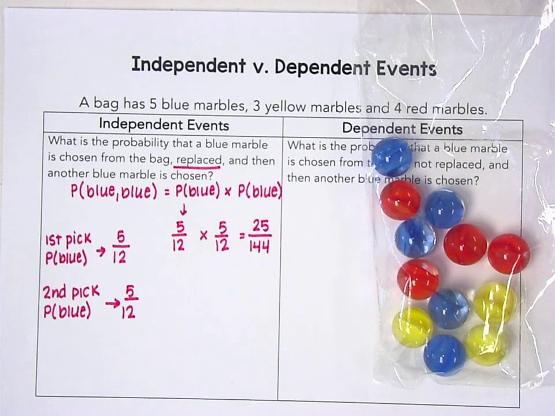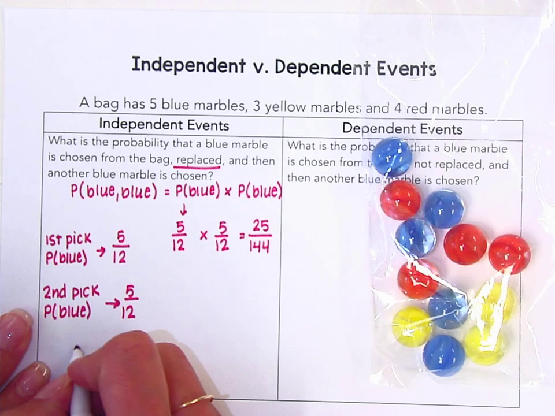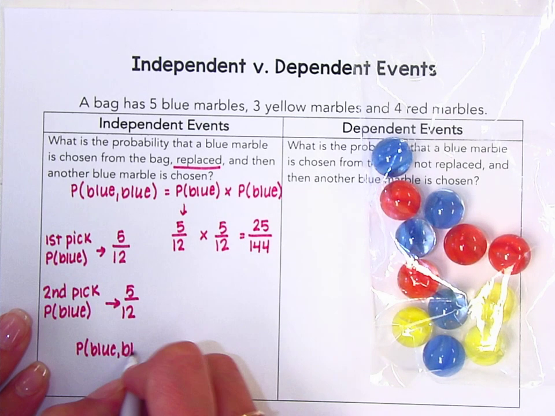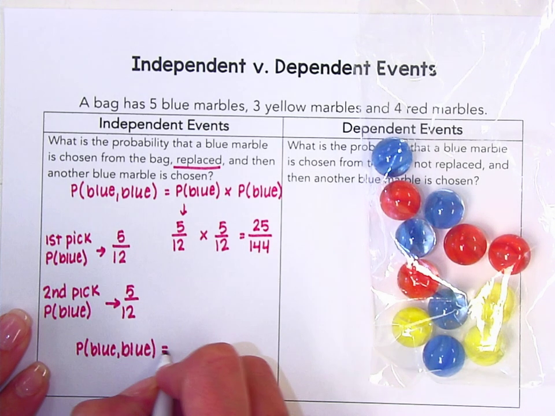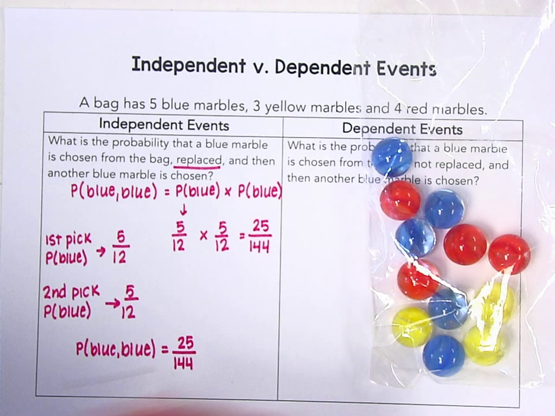Anytime we have a probability as a fraction, we want to simplify if possible, and if we can't, we leave it as is. In this case, we can't simplify this ratio. So our probability of choosing a blue and then choosing another blue is equal to 25 over 144.